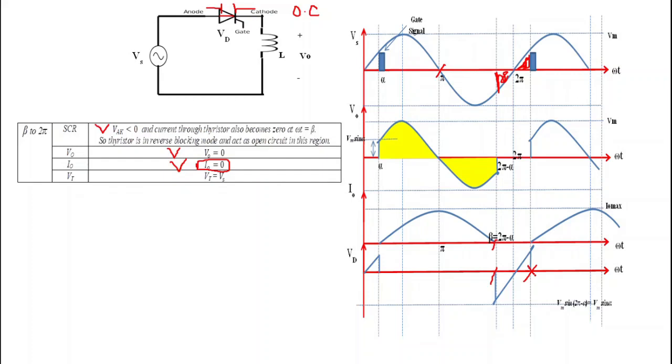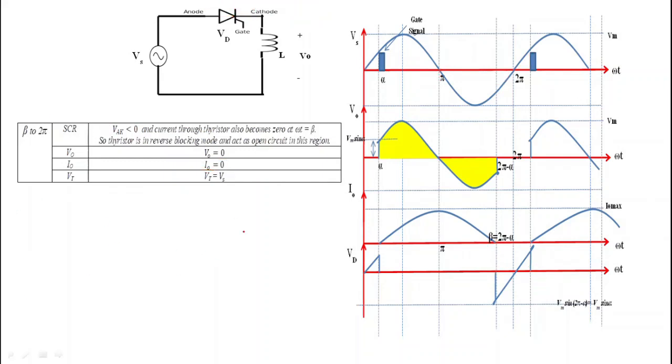This is because the thyristor will remain turned off till we fire it again, and we fire the thyristor again at an angle 2 pi plus alpha. So from beta to 2 pi plus alpha we get the waveform Vs appearing across this thyristor.